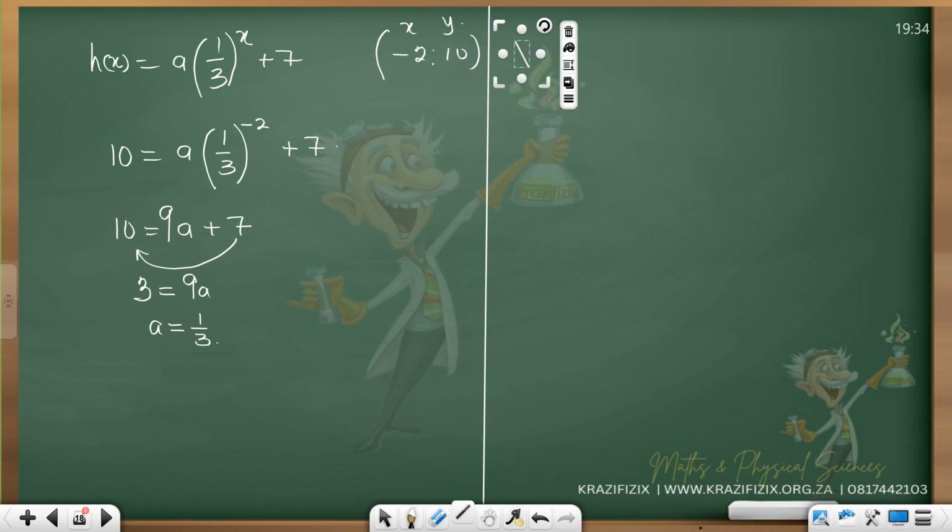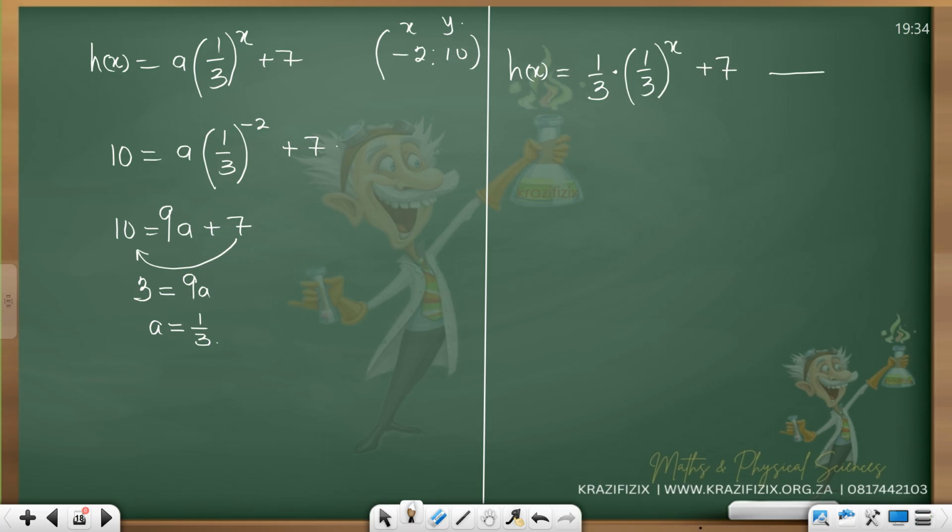Remember we got A as 1 over 3, right? So look at H. Let me show you the beauty of this. 1 over 3 into 1 over 3 to the power x plus 7. And we want to move this to what? 1 over 3 to the power x. Let's be mathematical about it.